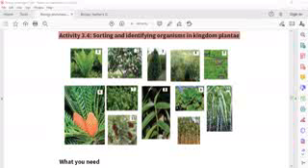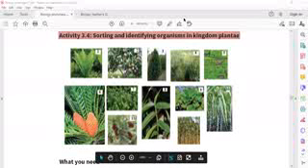Yes, Kelly. They have needle-like leaves. Very nice. If you look at those plants, their leaves are needle shaped, and their structure is what makes them to be used as ornaments and decorations.